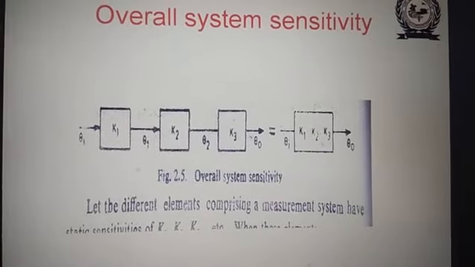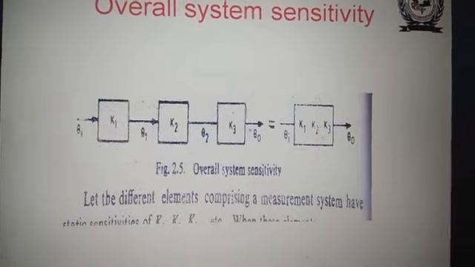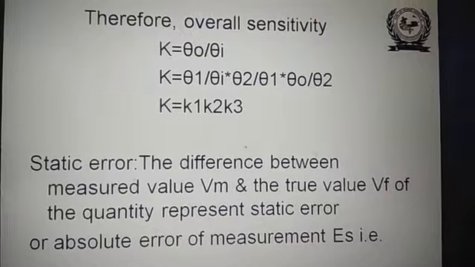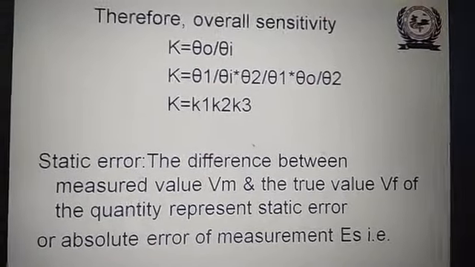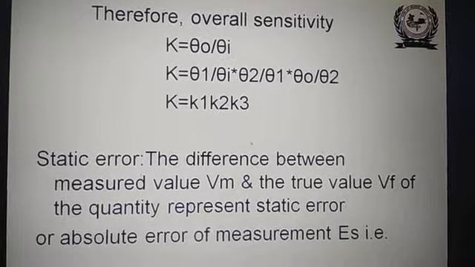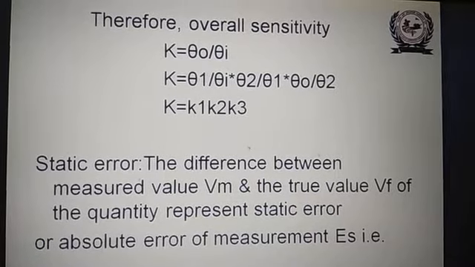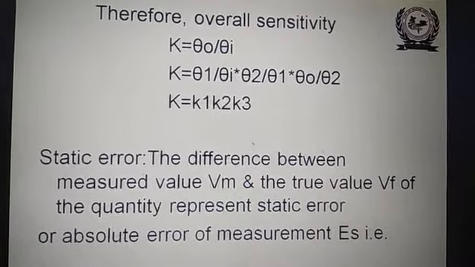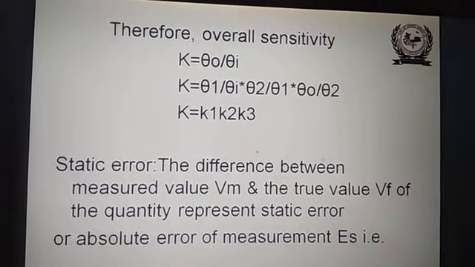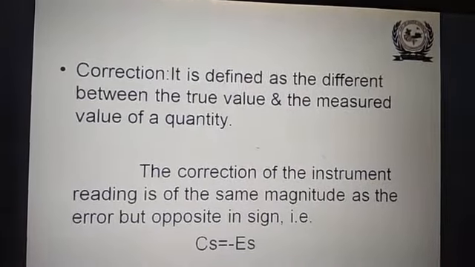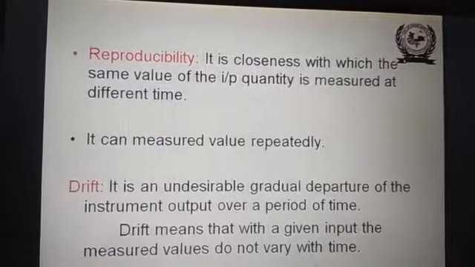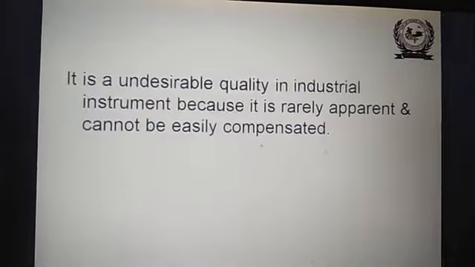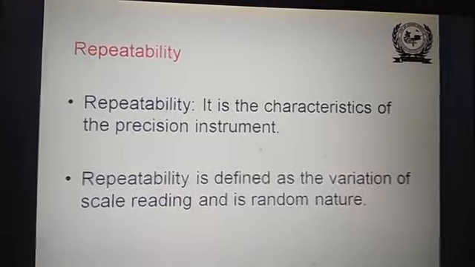If certain systems are cascaded, then we can calculate the overall system sensitivity, that is K = (theta 1 by theta i) into (theta 2 by theta 1) into (theta o by theta 2), that is K = K1 into K2 into K3. Then static error, then accuracy, precision, reproducibility, drift and repeatability.